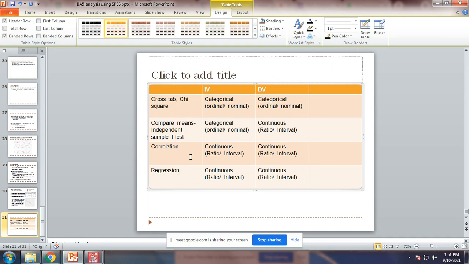ठीक है. So based on your data का नीचे में, now if I give you price and demand, obviously data values are given which you have to put in your data view. So you will have to see कि what kind of values are given. अगर वो scale kind of values है, that means it is a continuous scale for price and demand. That means you have to use correlation or regression.